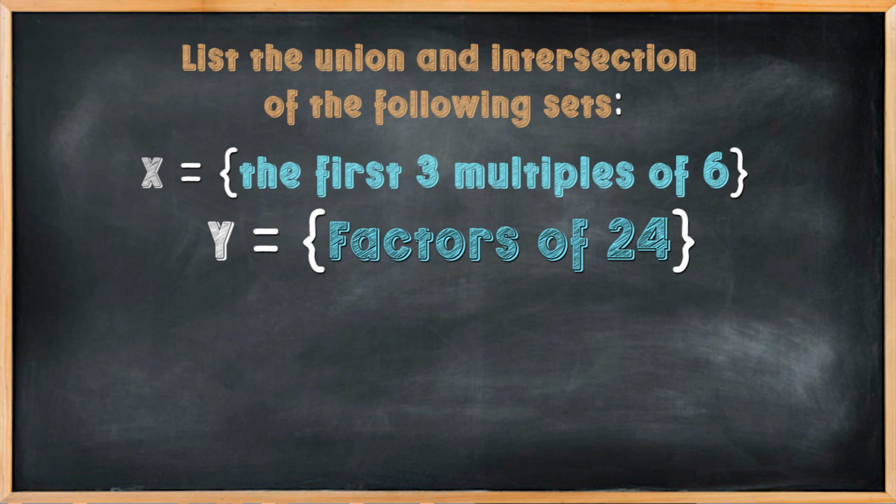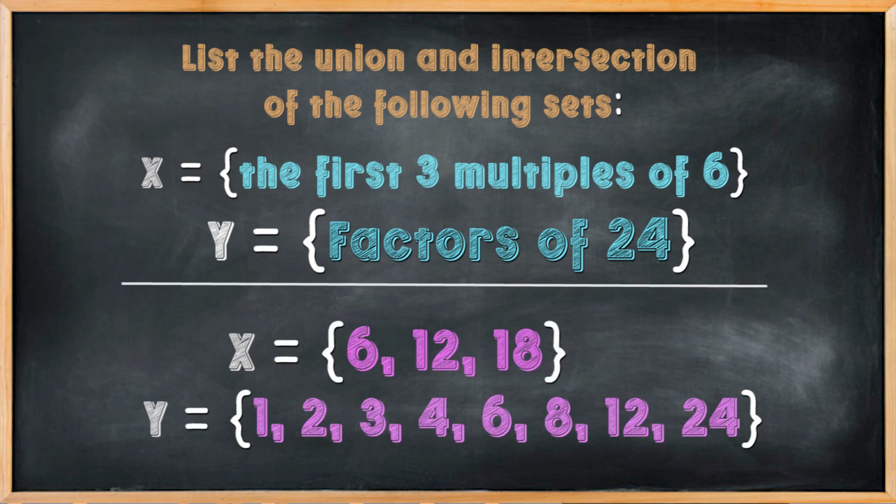Now, before we can find the union or the intersection of sets, we must list the members of these sets. So the members of set X are 6, 12, 18. The members of set Y are 1, 2, 3, 4, 6, 8, 12, 24.